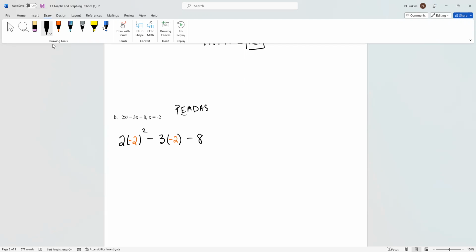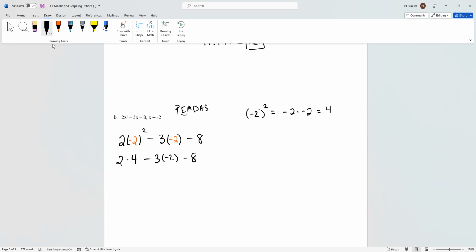If you put parentheses and then put the -2 in and square it, then you're going to get +4, which is the correct answer, because -2 squared really means -2 times -2, and we know that a negative times a negative makes positive. Okay, so this is 2 times 4 minus 3 times -2 minus 8.